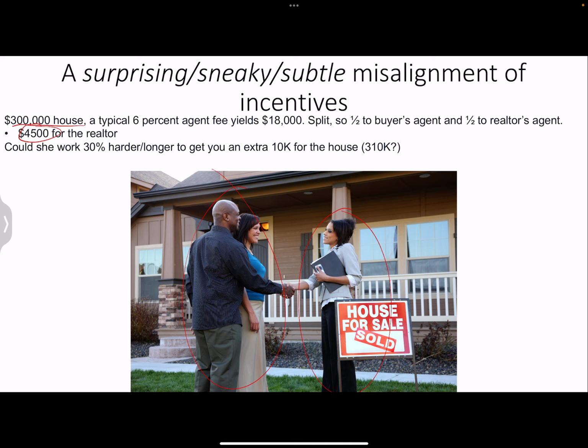But imagine just trying to get an extra $10,000 for the house. It's more flyers that we've got to put up. It's longer; we have to leave it on the market. It's more calls that the realtor has to field. It's 30% more work. It's like an extra month or two of her time to get the house for $310,000. Well, the couple definitely wants that extra $9,400 after the 6% fee goes to the realtors. But what's actually getting in the pocket of the realtor who's selling it? Just $150.